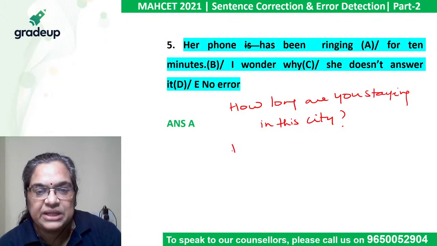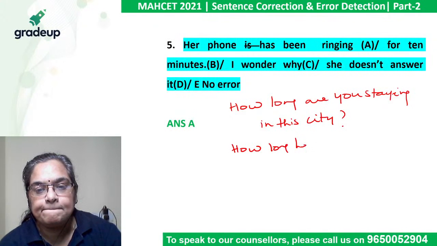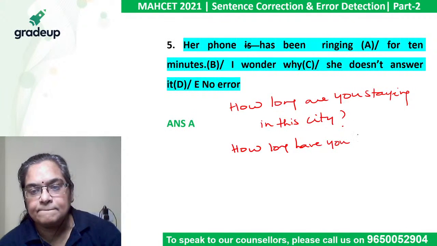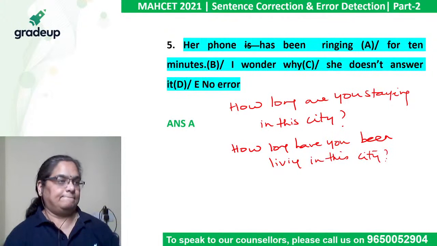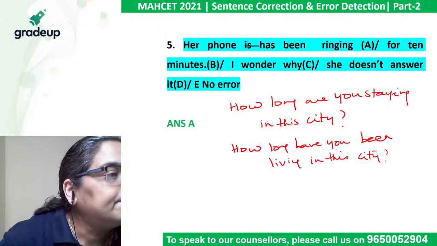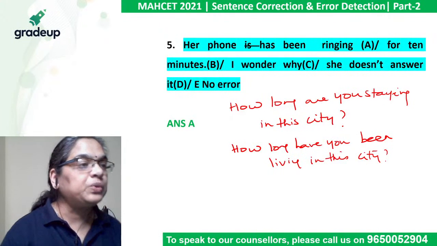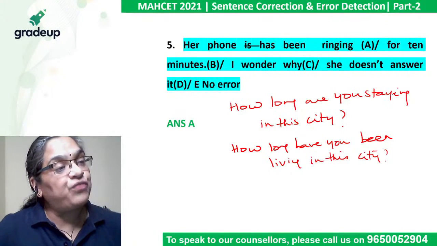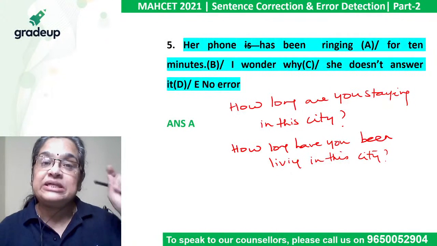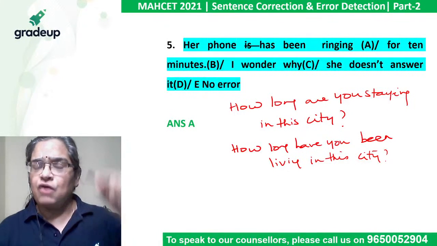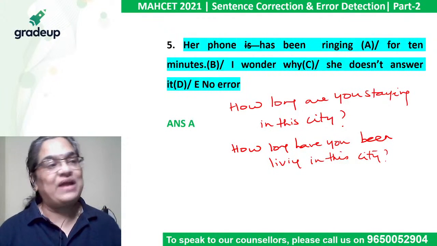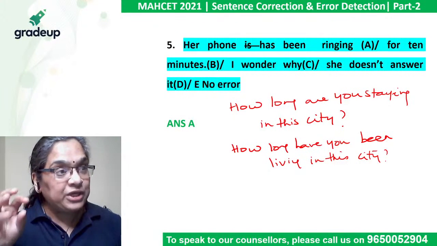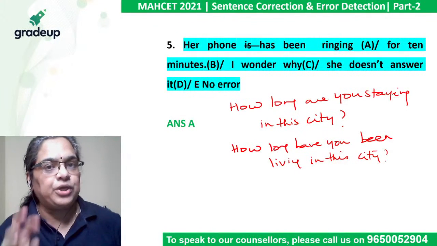What is the difference between this and... No. The moment you say 10 minutes, Akash, it has to be for. If you say since, you have to use the time. That means now it is 12:15. Her phone has been ringing since 12 noon or 12:05. Got it? The moment you use since, you have to use the starting point only, the time.